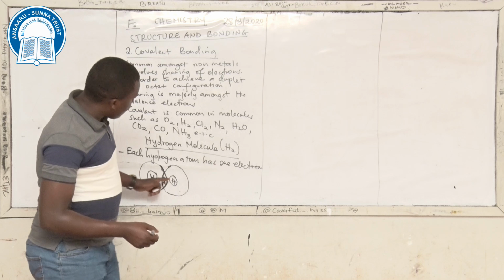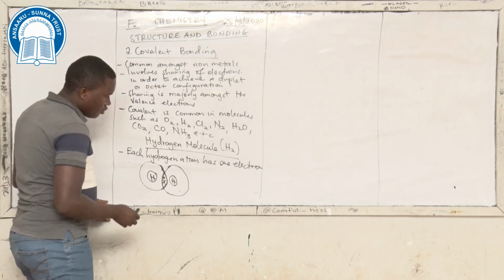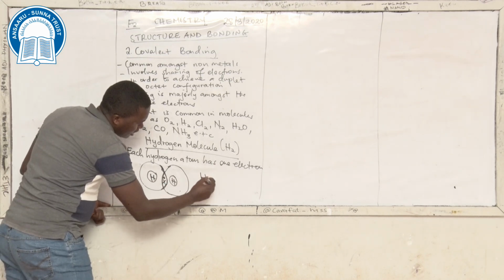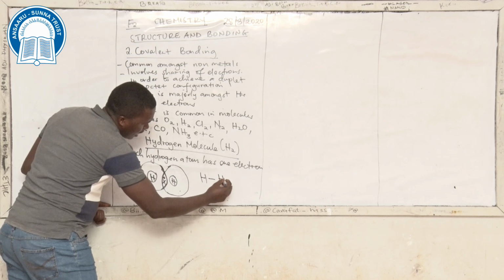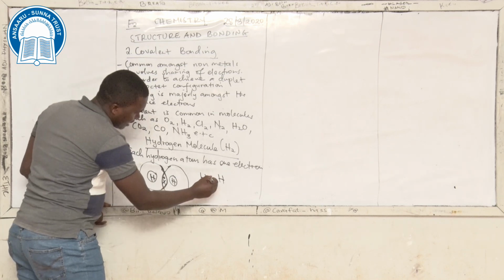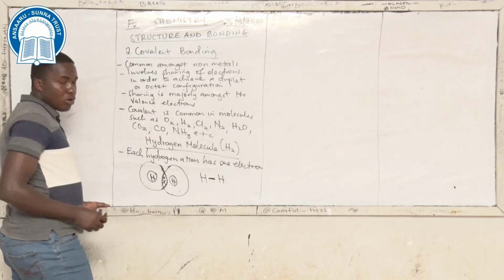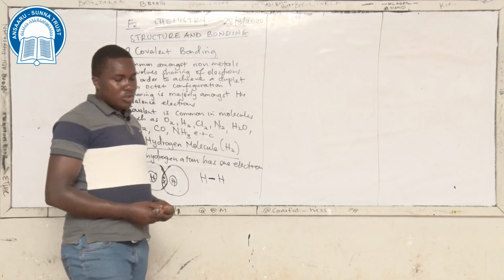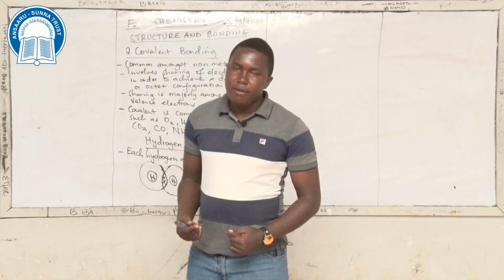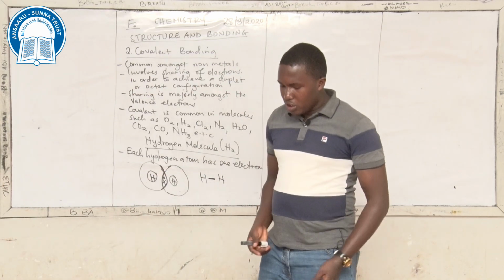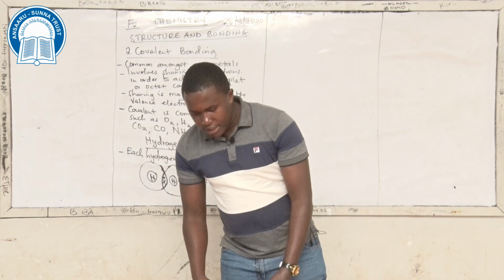You can also represent this using a line, a covalent bond, hydrogen bonded to another hydrogen. So this line represents one covalent bond which carries two electrons, one from each of the two bonding atoms.